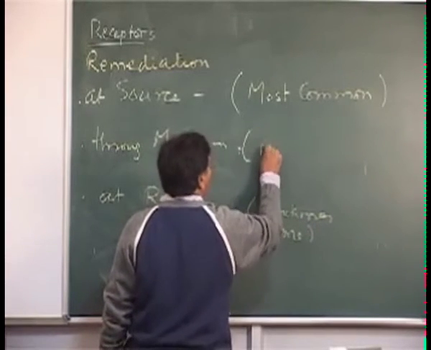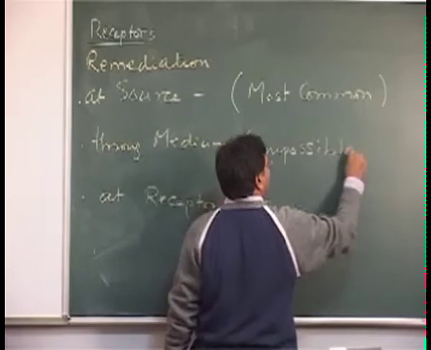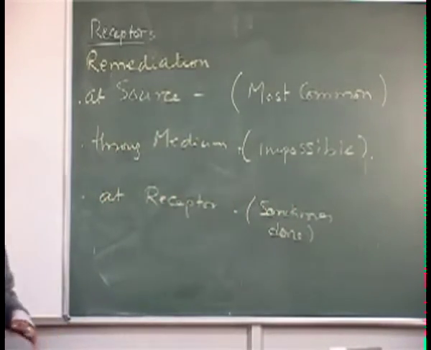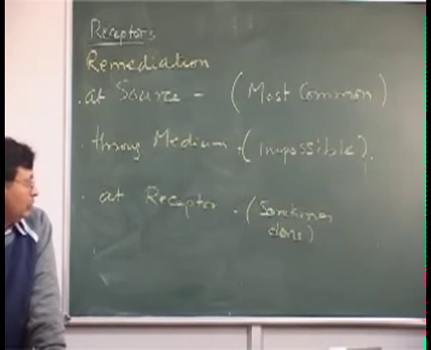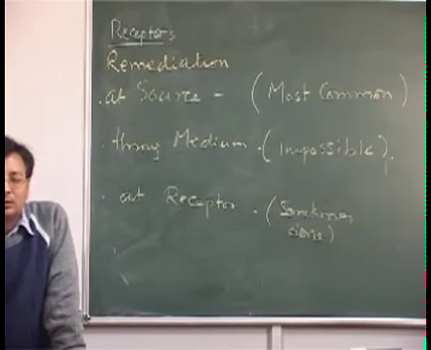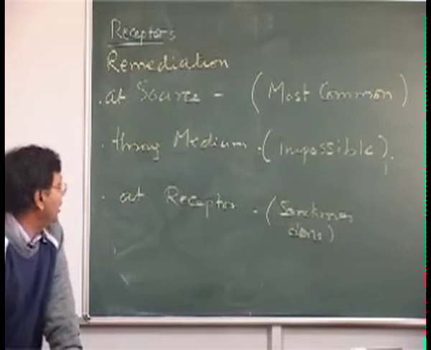This is impossible, more or less. Why I want to slightly introduce you to receptor remediation is that this has become very standard practice, to at least try for the remediation at the receptor.